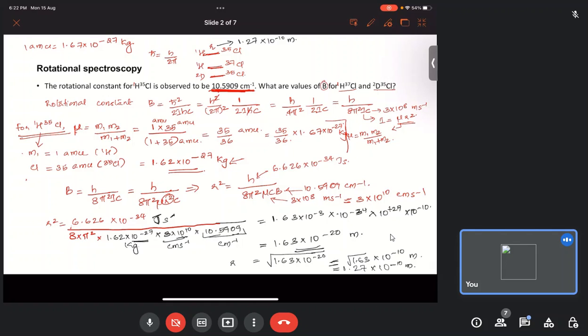So from the rotational constant of 1H 35 Cl, we have gotten the interatomic distance between proton and chlorine, and using that interatomic distance or the bond length, we are going to calculate the rotational constants for 1H 37 chlorine and 2 deuterium 35 chlorine.